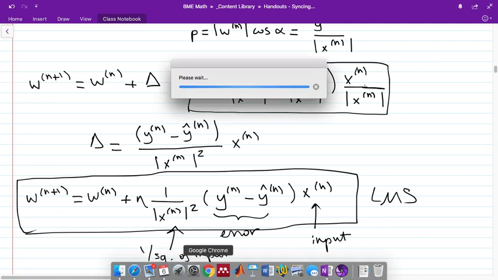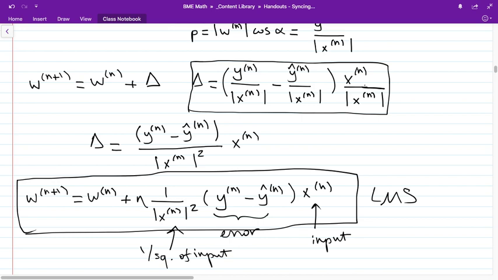Yeah? Why do you multiply by eta? The coefficient? Because if you completely remove the error, that would make it so that you are learning 100% of your prediction error, which is okay if you want to do it.